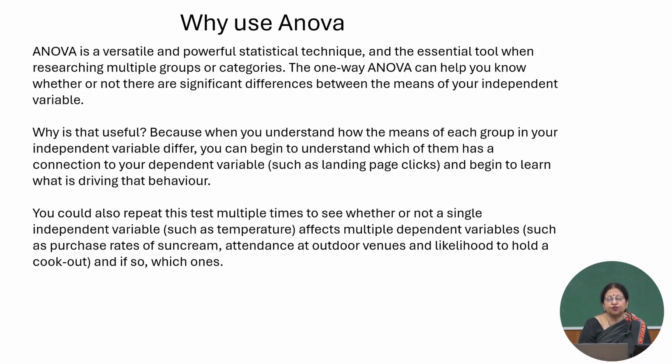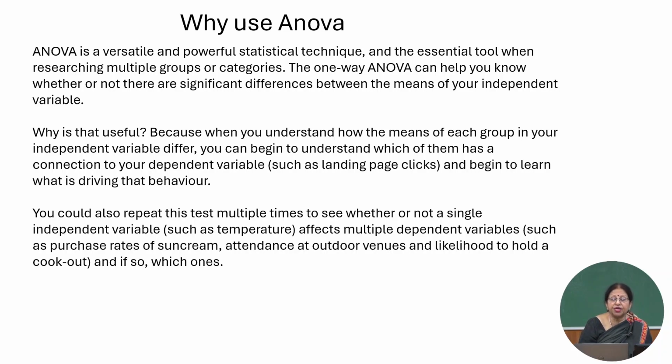Why is that useful? Because when you understand how the means of each group in your independent variable differ, you can begin to understand which of them has a connection to your dependent variable, such as landing page clicks, and begin to learn what is driving that behavior.